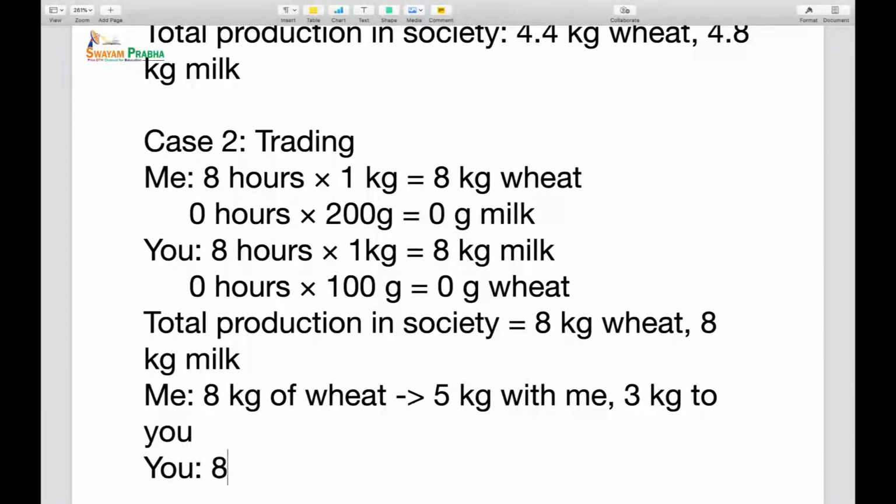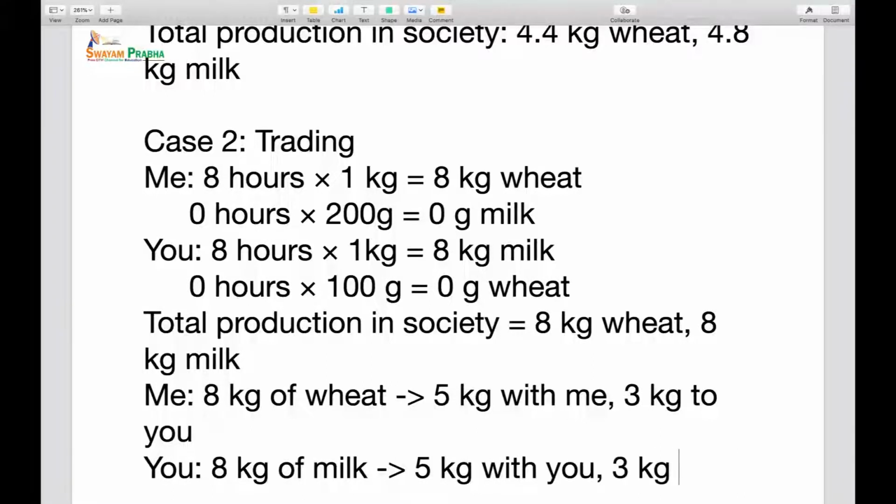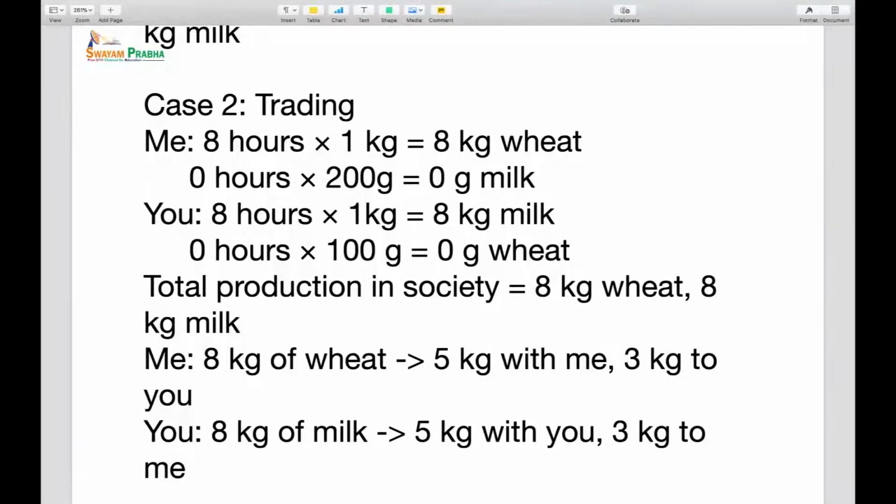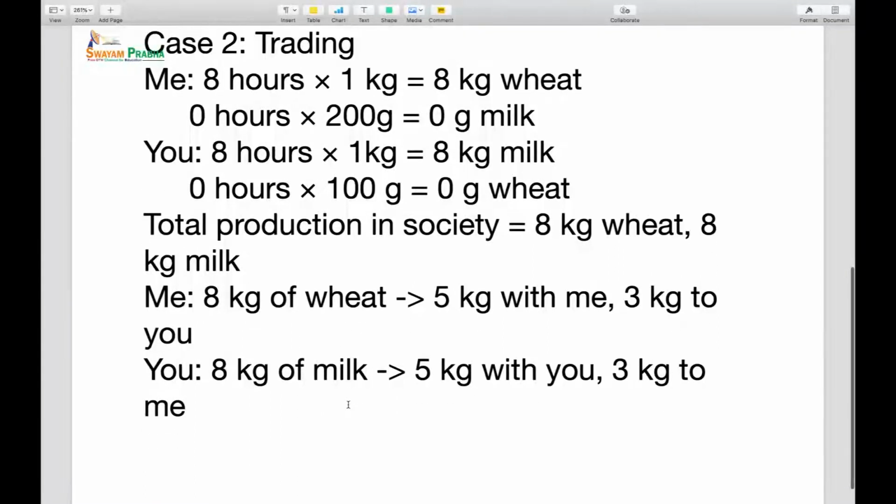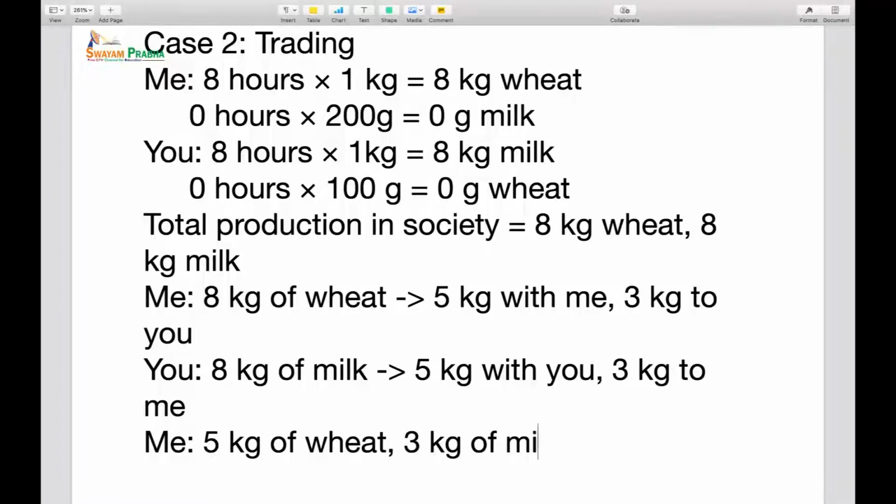Out of 8 kg of milk, you keep 5 kg with you, and you give 3 kg to me. Now, at the end of the day, I have 5 kg of wheat and 3 kg of milk. This 5 kg of wheat is what I produced and kept with myself. And this 3 kg of milk is what you had given to me.